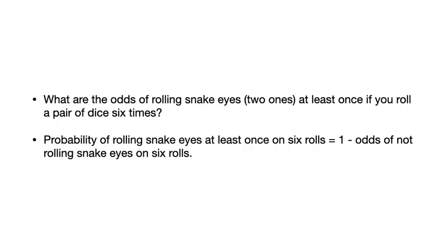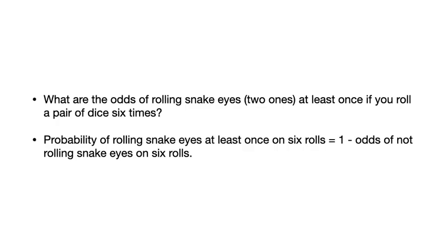Well, think about it. What's the probability of not rolling snake eyes? Well, there's only one way to get snake eyes. One die comes up 1, the other die comes up 1 too. Each of those has a 1 in 6 chance of happening. The odds that you get snake eyes is only 1 out of 36.